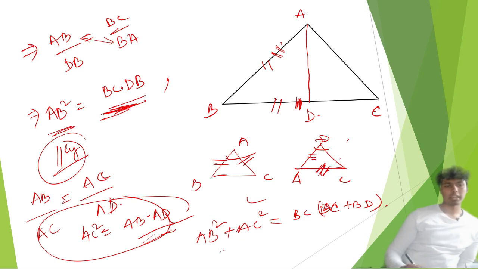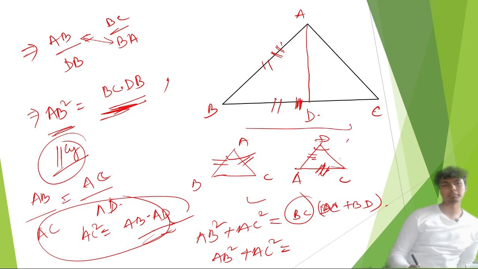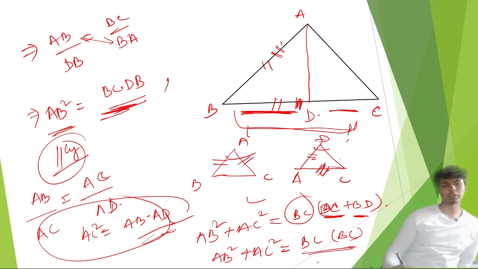What is BC here? This is the whole line BC. DC plus BD, these two lines, if you add them, you are going to get the whole BC. So if you multiply these two, you are going to get BC square.